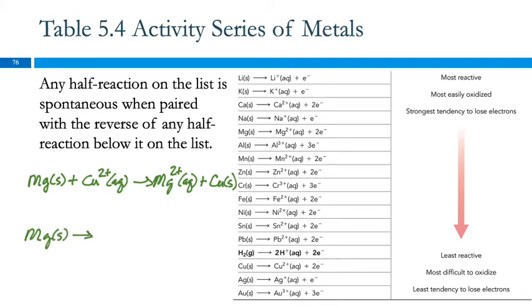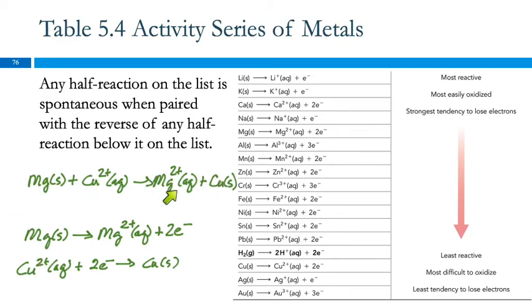The magnesium, when it goes to magnesium ion, is giving up 2 electrons. The copper ion, to become the element, has to gain 2 electrons. If I add these two equations together, I get this one.